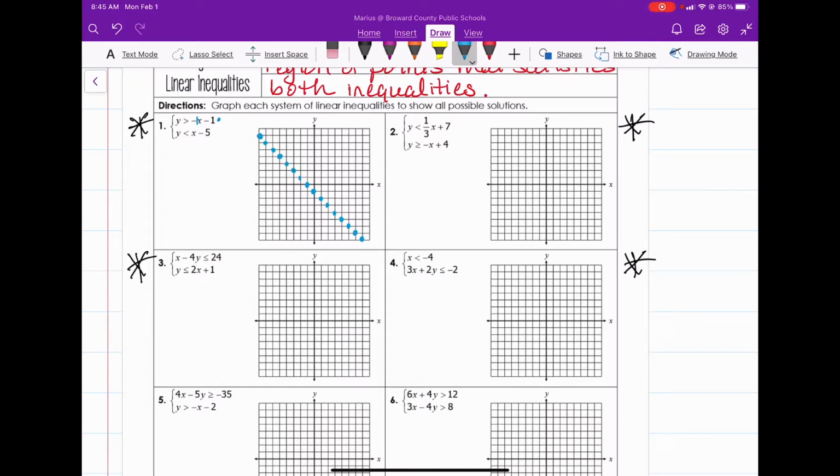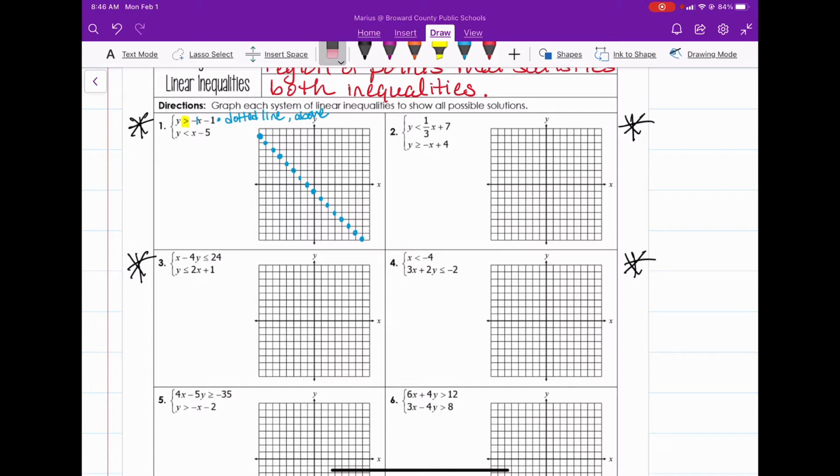And now I need to take a look at the inequality symbol. Based on that inequality symbol, it's going to be dotted. Let me erase that. Should be in the blue. So that's going to be a dotted line. And we're going to have to shade above because it says greater than.